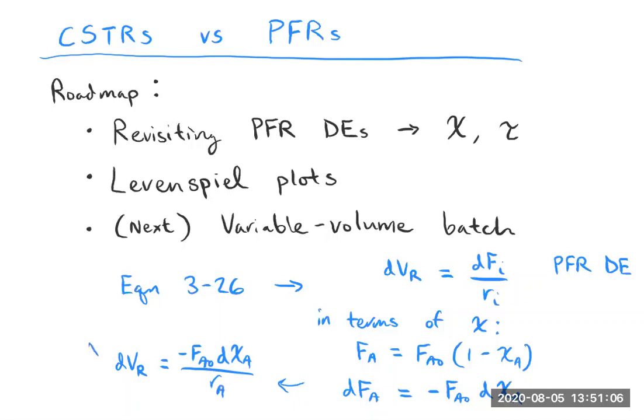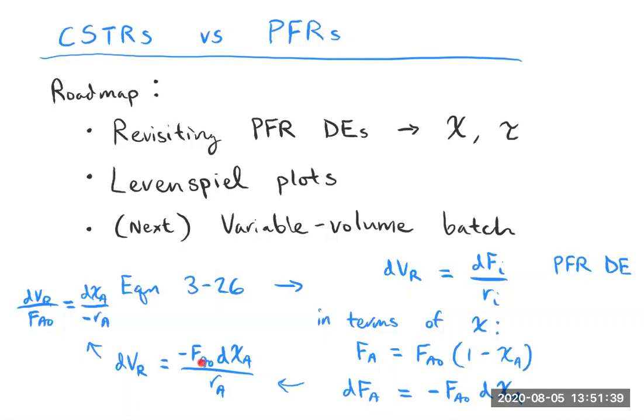And we can rearrange this a little bit further. Sorry to work from right to left. But again, just to have this on one page, we can write dVr over FA naught equals d conversion of A over minus RA. So what did I do here?